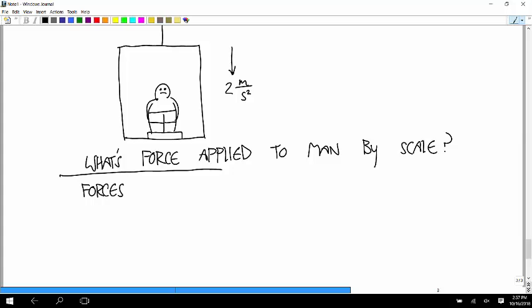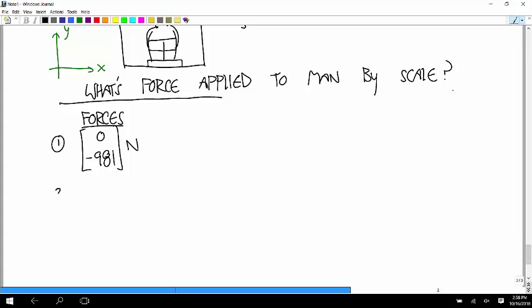So first, the forces. What's the first force? This is the easy one. Weight, yep. And the weight is always the same. It's mg pointing down. So if our coordinate system is oriented like this, this is going to be 0, negative 981, just like it was before, newtons.